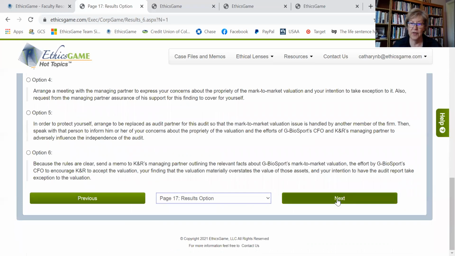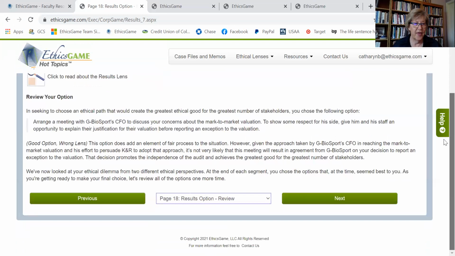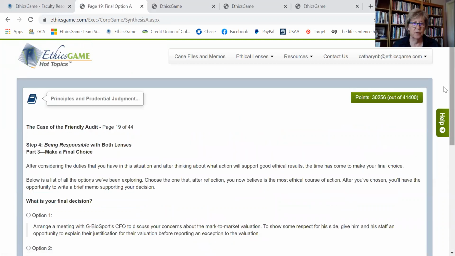And you see, did you get it this time? And the answer is good option, wrong lens. It has fair process, but it doesn't, in fact, give us what we need to do to answer this question. And so we end up having chosen these 2, and we move into the final decision.